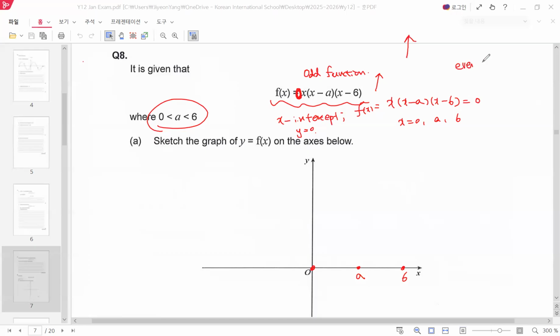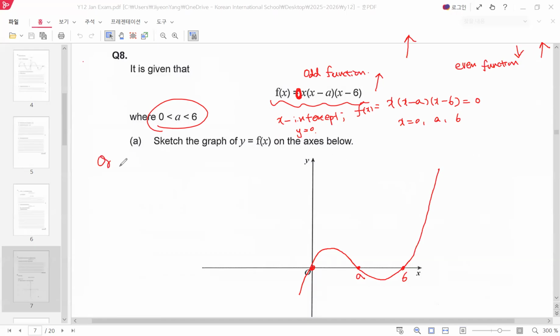An even function, if the coefficient of the highest degree of x is positive, comes from positive infinity and goes to positive infinity, okay? So you should draw this graph in this way, but it needs to pass through this point and this point and go to positive infinity. This should be the answer to this question.